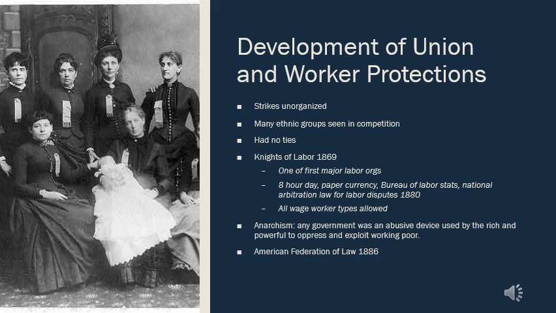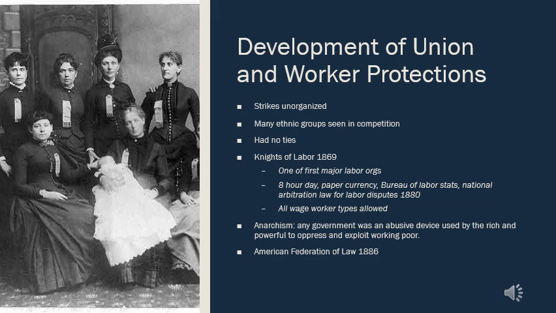So they were a fairly successful group, and they grew to about, I think, 400,000 at their highest, but after some bad protests, which we'll talk about in strikes in a second, they lost a lot of numbers very quickly.